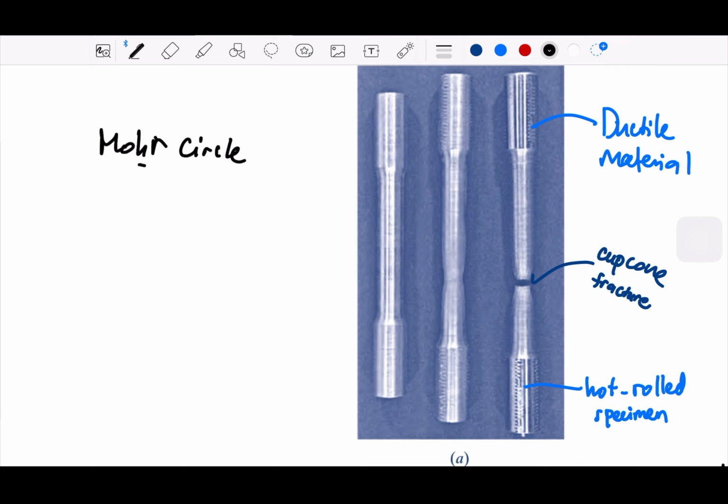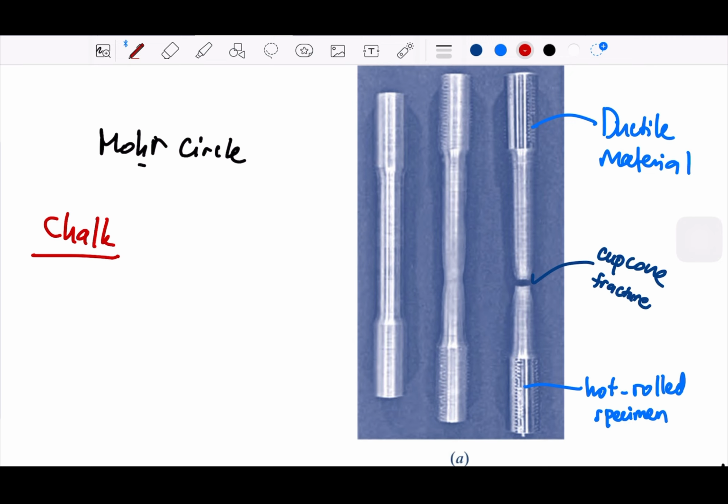If you know chalk for writing on a board, let me write it for you. Chalk. You can try it if you have some at home. Later, maybe next week, I'll try to bring one to class to show you how brittle materials fracture.